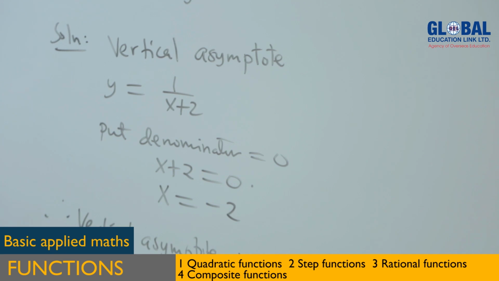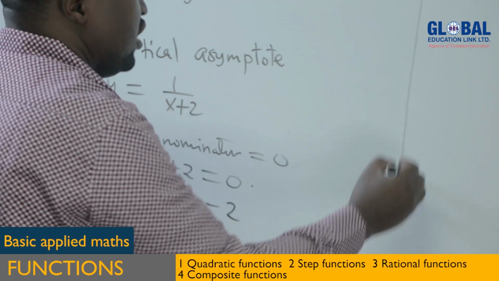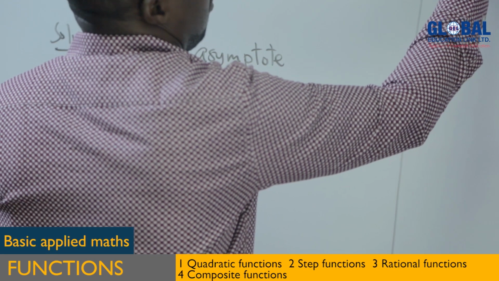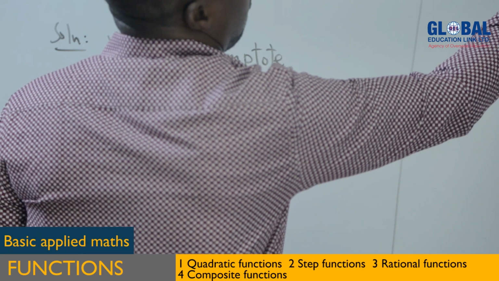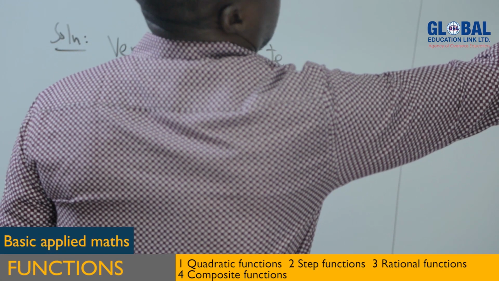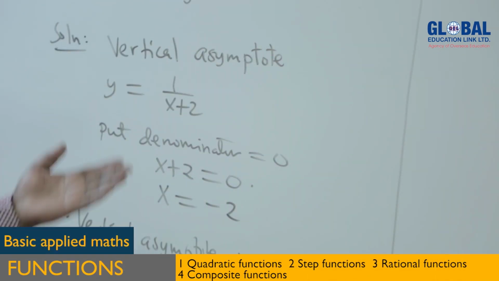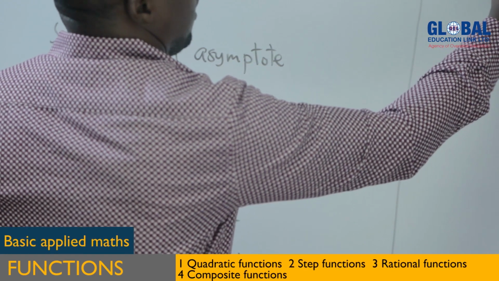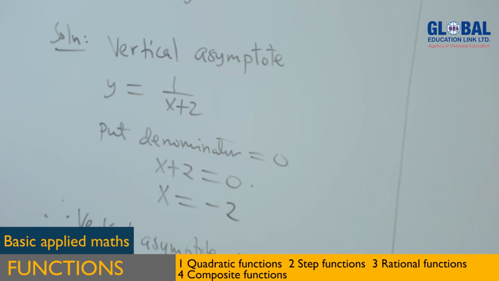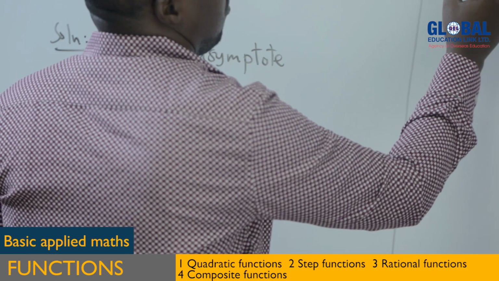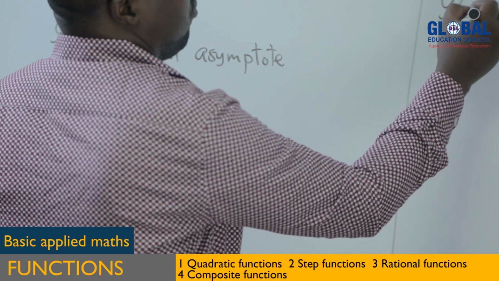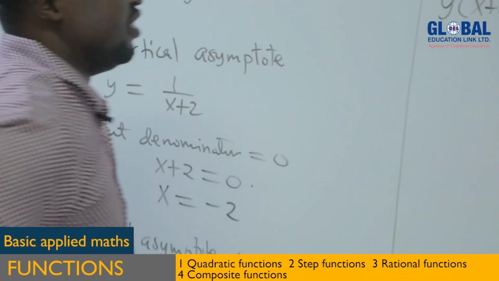Then again, my dear student, we have another thing called the horizontal asymptote. So by using our equation, that is y is equal to 1 over x plus 2, this time we try to make x the subject. So we use cross multiplication. That is y bracket of x plus 2 is equal to 1.